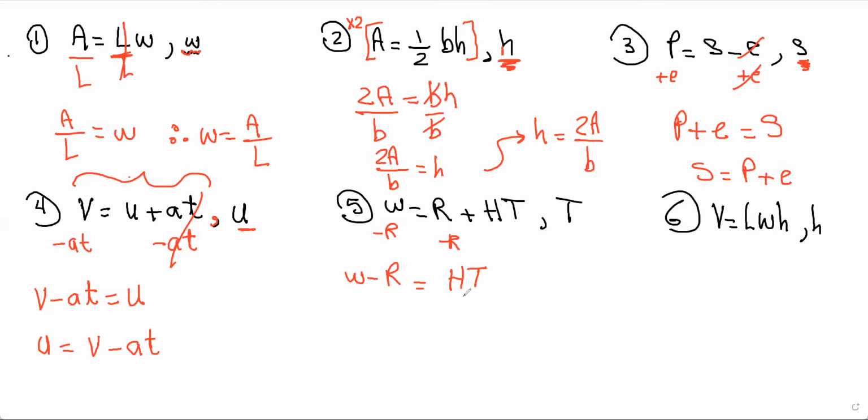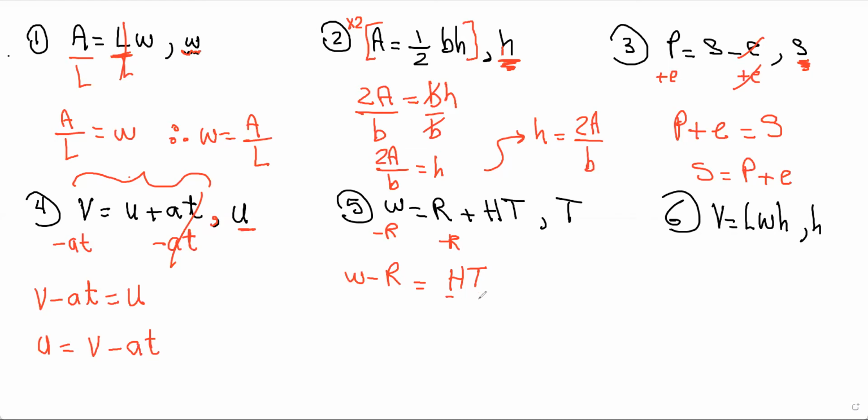Okay, I'll tell you why. The relationship between H and T here, is it addition or multiplication? The H beside the T, does that mean these two things multiplied or added? Multiplied. So you always want to do the opposite. The opposite of multiplying is dividing.